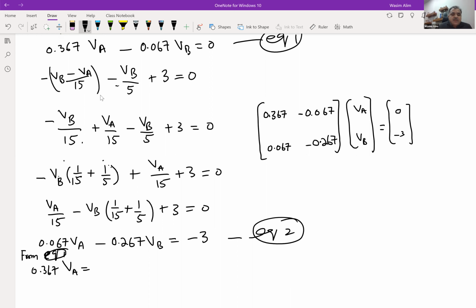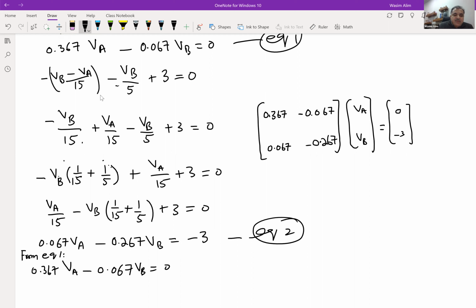We have 0.367 V sub A minus 0.067 V sub B is equal to 0.